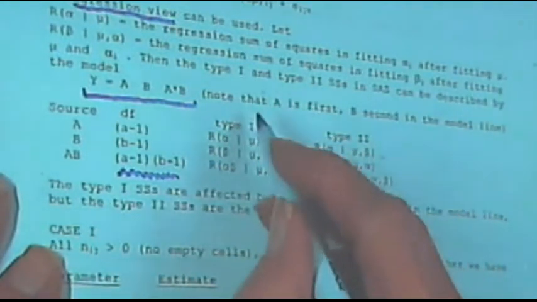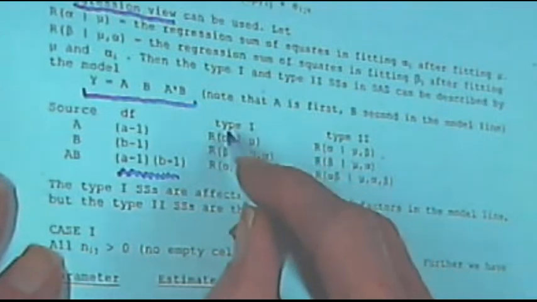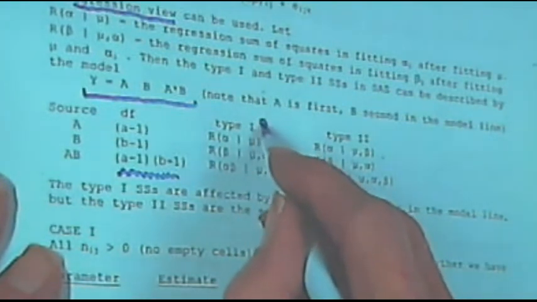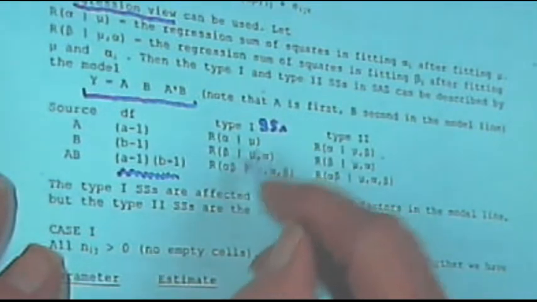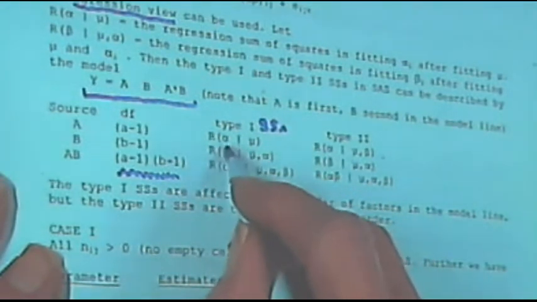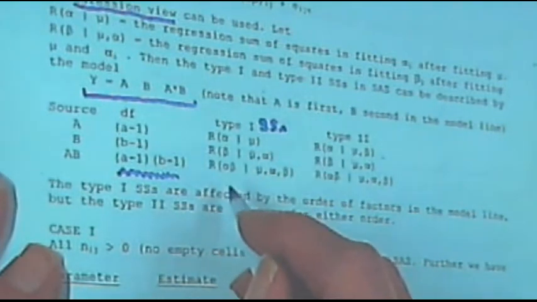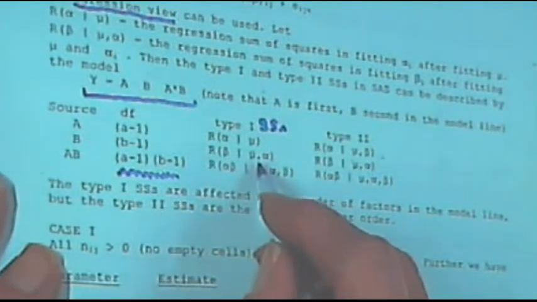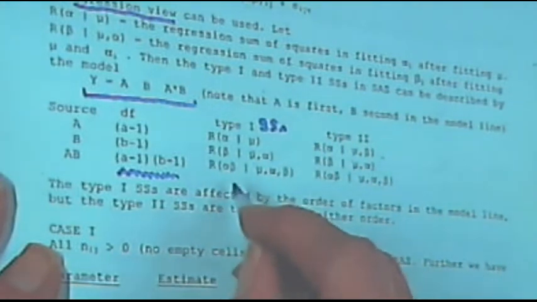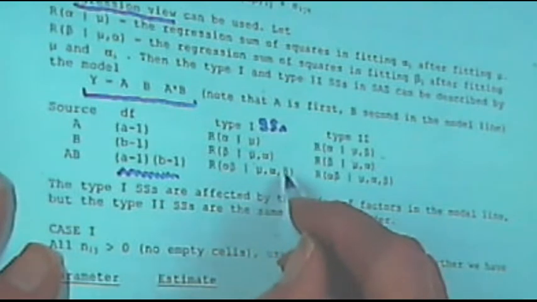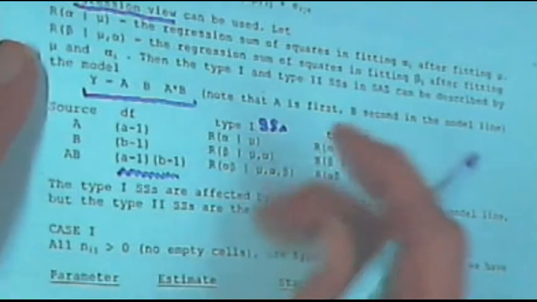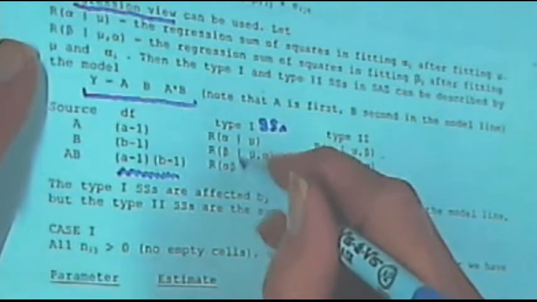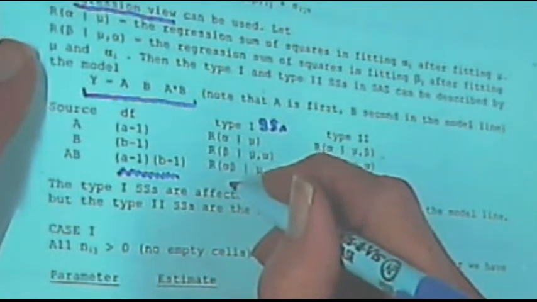Now, if we're dealing with type 1 sums of squares, the sum of squares for A is R of alpha given mu. For B, R of beta given mu and alpha. And then for the interaction, it's R of alpha beta given mu, alpha, beta. So these are all sum of squares regressions for various kinds of models.